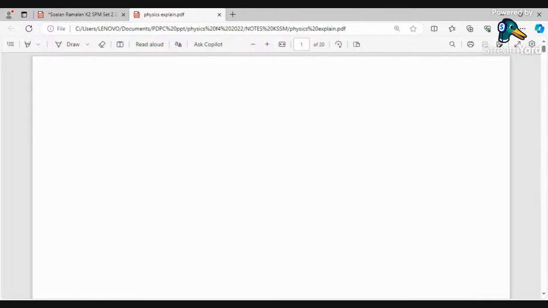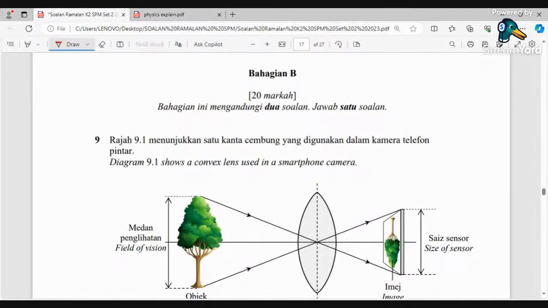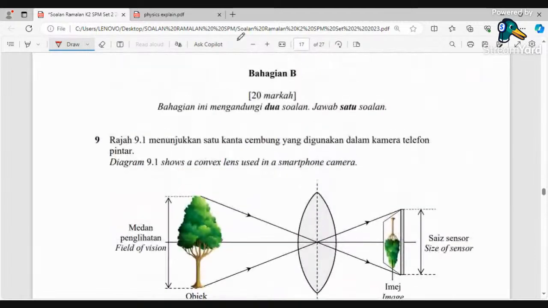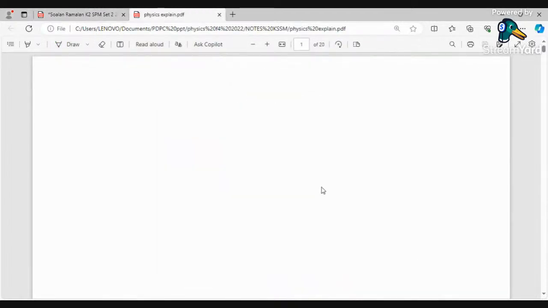Okay, kita tulis jawapan. Okay, question number 9. Soalan yang pertama, what is the meaning of focal length? Okay, tulis number soalan. Sebab ini soalan pilihan, you kena tulis number dia. 9. Ini untuk section B dulu. Kita tahu dia adalah 20 markah kan. Di 9A, what is the meaning of focal length?